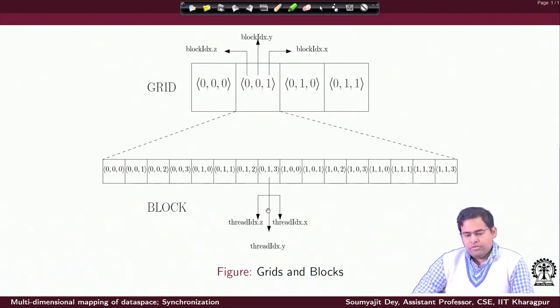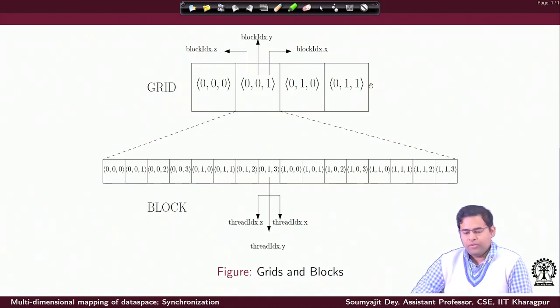For this thread, the blockID variables would all assume values from here. Similarly, this arrangement repeats for the next block, and again for the next block. So if I pick up some thread from this block, it would have a specific collection of threadIDX x, y and z, and for that the blockID variables would have these 3 values.